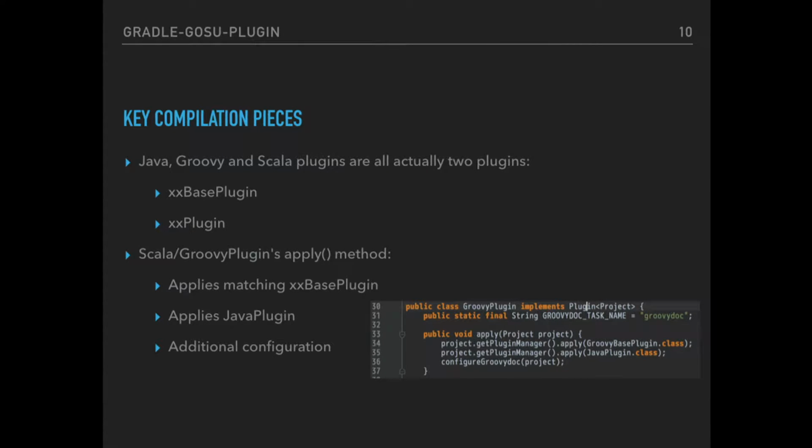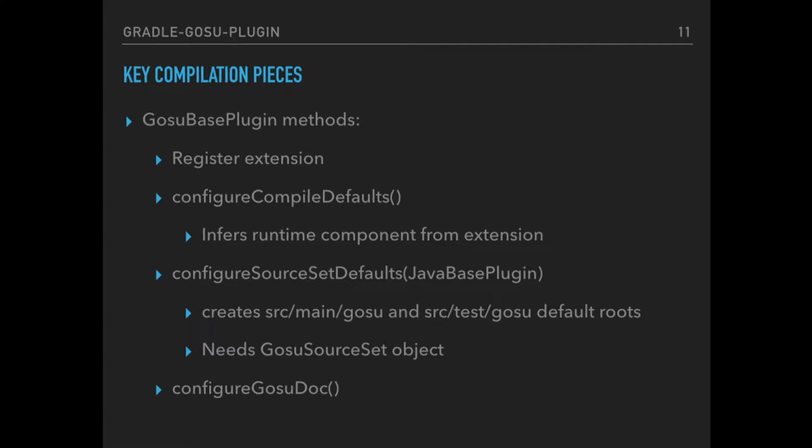So, modeling on that structure, we start off with the Gosu base plugin. The interesting things that it does is it registers an extension to the DSL. We have a method to configure all the default compile settings, the things that are convention that you shouldn't have to configure on every build.